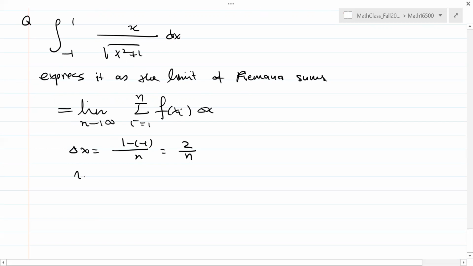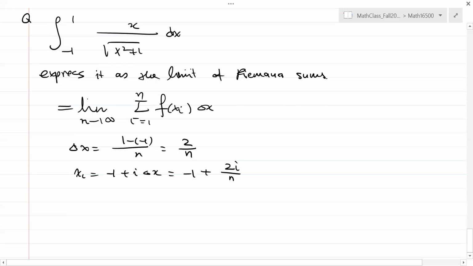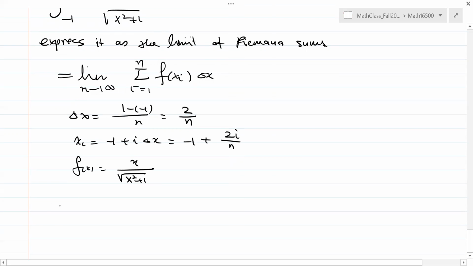So xi is going to be the first number plus i delta x, which is -1 plus 2i over n. And the function, of course, is going to be 1 over x squared plus 1, right? So now you put all the details into the function. Then you get the limit as n approaches infinity.